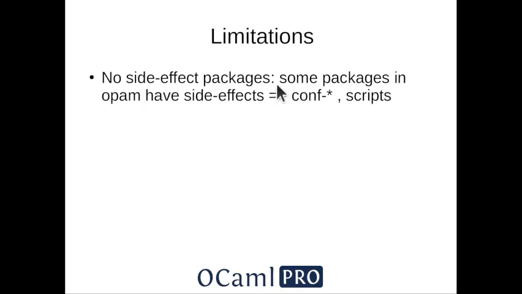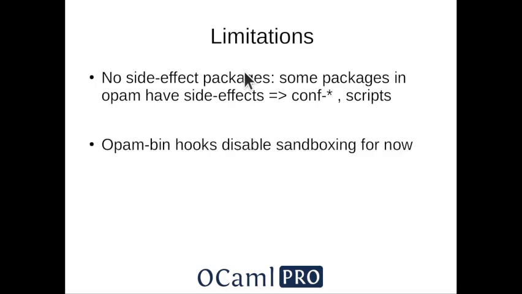There are a few limitations. For example, today there is no support for side effect packages like the conf-* packages. So we think that OPAM needs to provide a way for opam-bin to deal with such packages. It's not clear what we have to do. opam-bin also uses the hooks, but for now, when it does, it disables sandboxing.